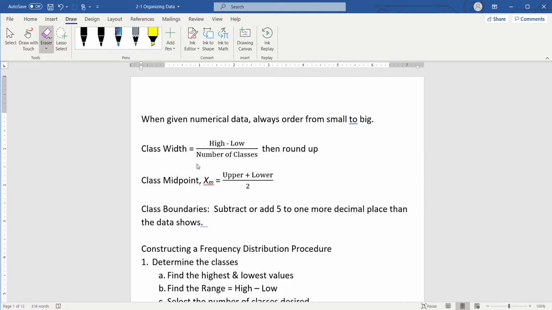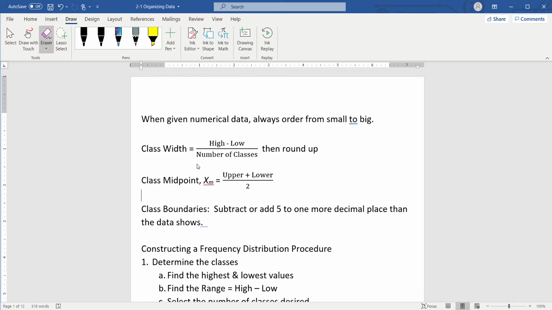I emphasize usually because there are some times where you might get a value of, say, 7.25, and you would round that actually to 7.3. But there are other times where if you have a result of 7.25, you'd actually round that up to 8.